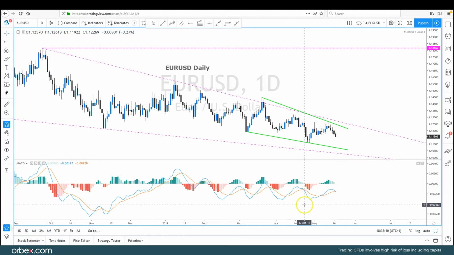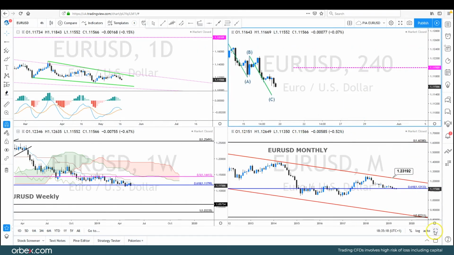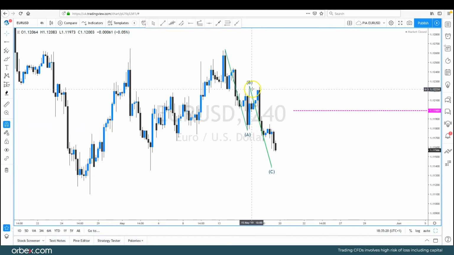Again, we've got potential for some divergence if we get down to new lows, and that's something to be aware of. Beginning of the week, we've got an ABCD formation, which we mentioned in our report on Friday. That's located at 111.40. We've also got some pretty strong resistance located at 111.98.